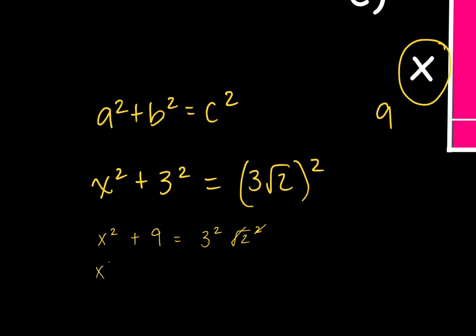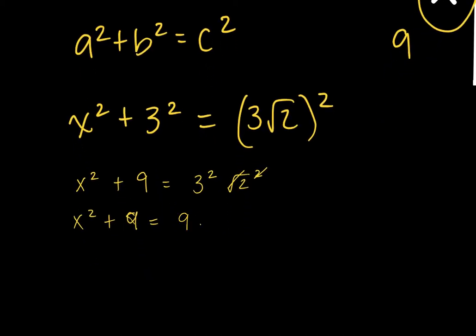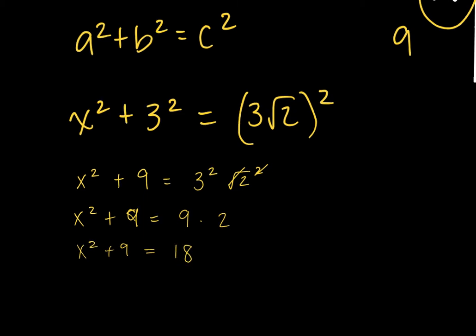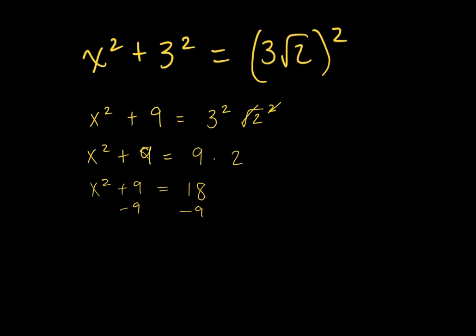So we've got x squared plus 9 equals 3 squared, which is 9, times 2. This is x squared plus 9 equals, 9 times 2 is just 18. We subtract 9 from both sides. We get x squared equals 9. We don't even need a calculator for this one. What is x going to be? 3.